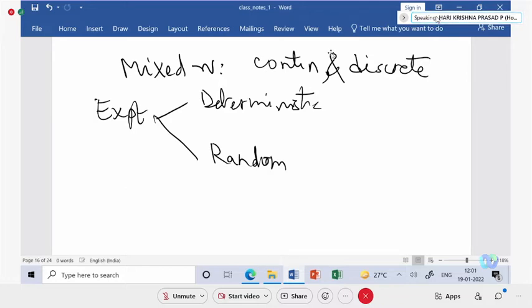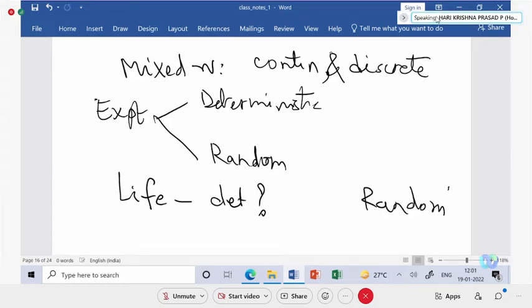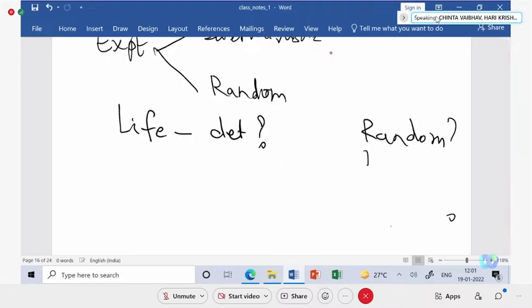How do you view life? Is life a deterministic experiment or a random experiment? Random. Deterministic, random. How many of you agree? Deterministic. Okay, any other opinion, please?